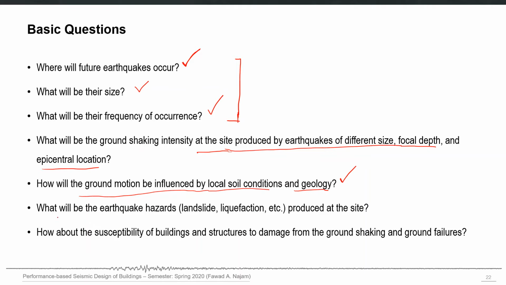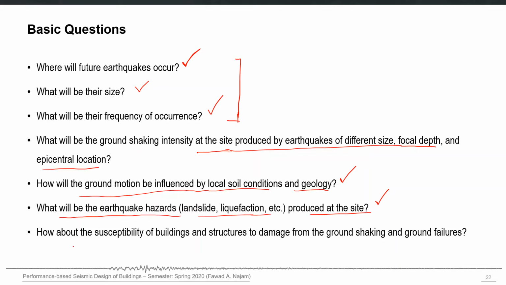Another important question is, what will be the earthquake hazard, landslide or liquefaction produced at the site? So you have to estimate the likelihood of different earthquake hazards which can be experienced at a particular site. Out of all of those, for example, ground shaking, surface rupture, tsunami or earthquake-induced fires, liquefaction, you have to answer first what are the hazards which can be expected at this site.